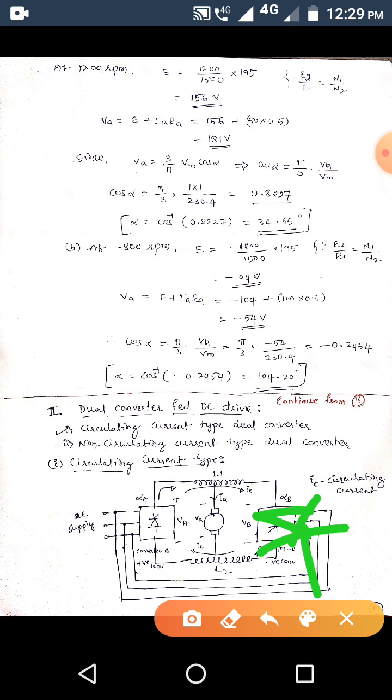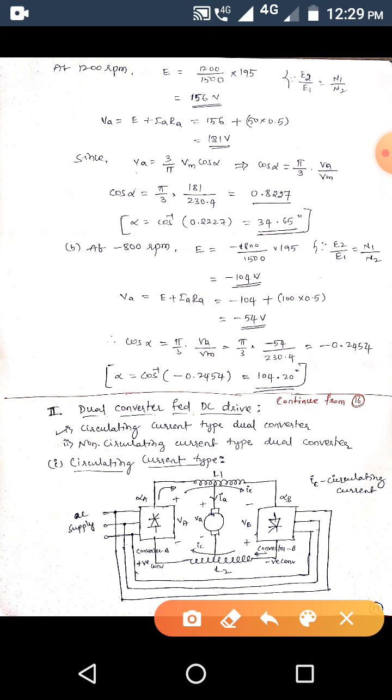The triggering angle of converter A is alpha A, and the triggering angle of converter B I will call alpha B.